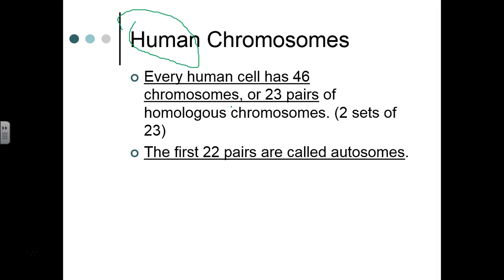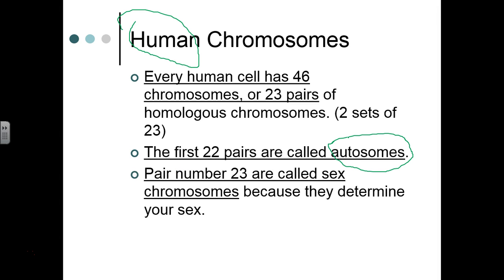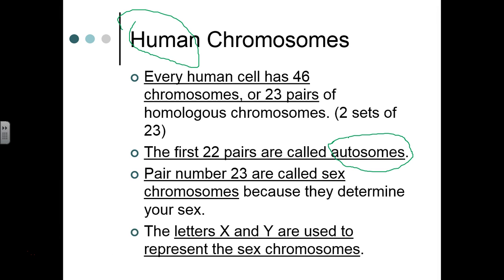Okay, so the first 22 pairs are called autosomes. This is something that we've talked about, but I'm not sure all of you have connected in your memory yet. The first 22 pairs are called autosomes. The last pair, or pair number 23, are called your sex chromosomes because they determine your biological sex. The letters X and Y are used to represent those sex chromosomes.